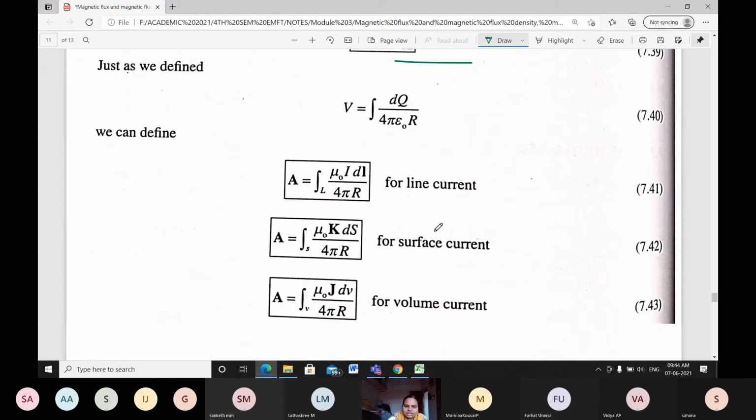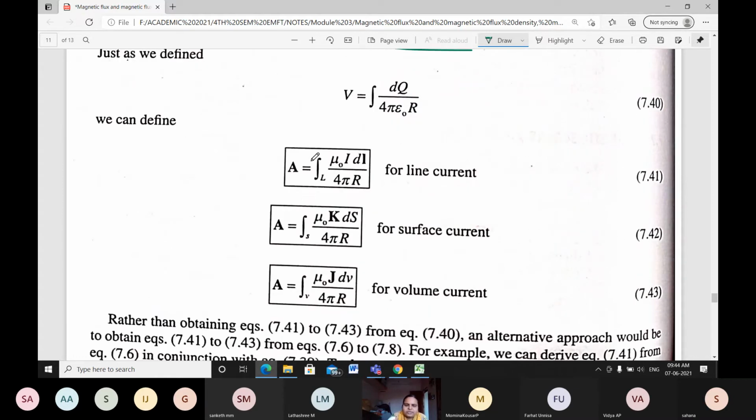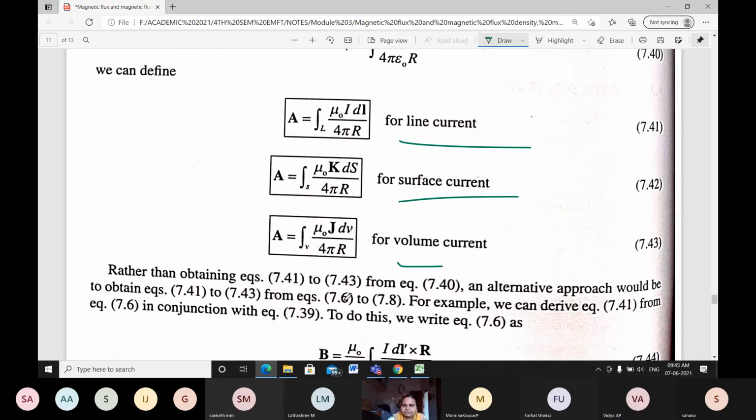Then for the line current, A is the line integral of mu naught I dl divided by 4 pi r. Then A is the integration over the surface of mu naught K dS divided by 4 pi r for the surface current. Then for the volume current, A is the integration over the volume of mu naught J dv divided by 4 pi r.